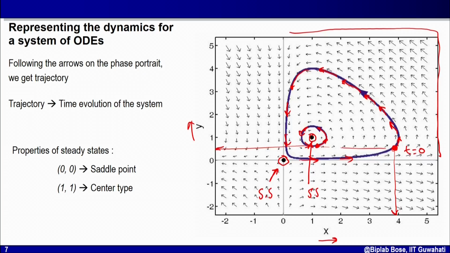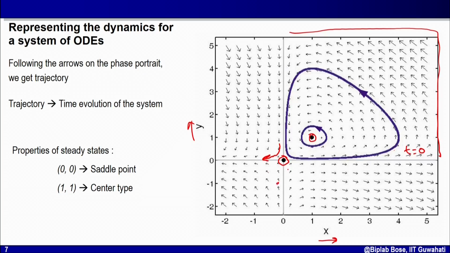So let us look into the stability of these steady states. The first one, this one, is 0, 0. Let us clean up a bit so that I can understand how the steady states are behaving here. If you look into this particular steady state at 0, 0, if I start at a point close to 0, 0, the arrows on the phase plane are telling me I will move away from 0, 0.